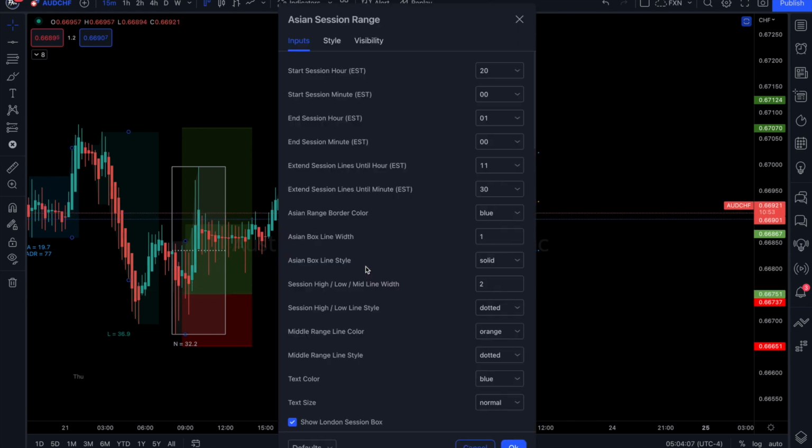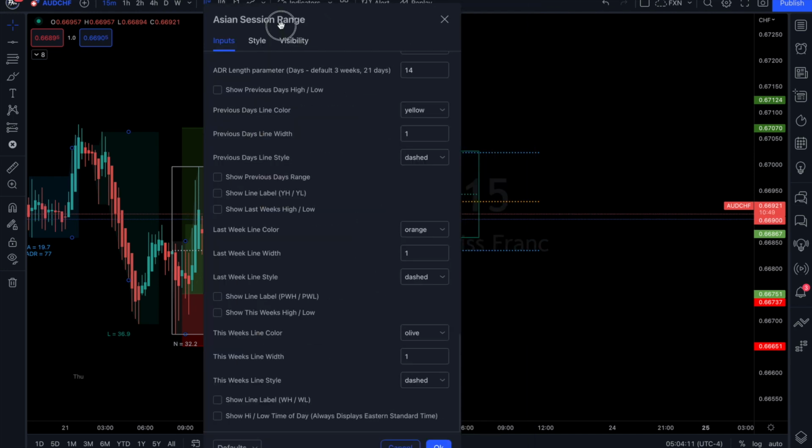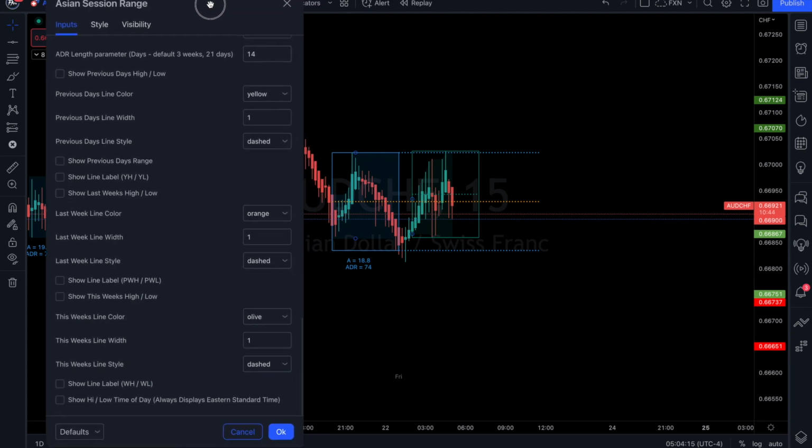Now, if you go into the settings of this indicator, you're going to find the support and resistance that I use. And what is that? The support and resistance that I use for our strategy is basically the previous day's high and low.